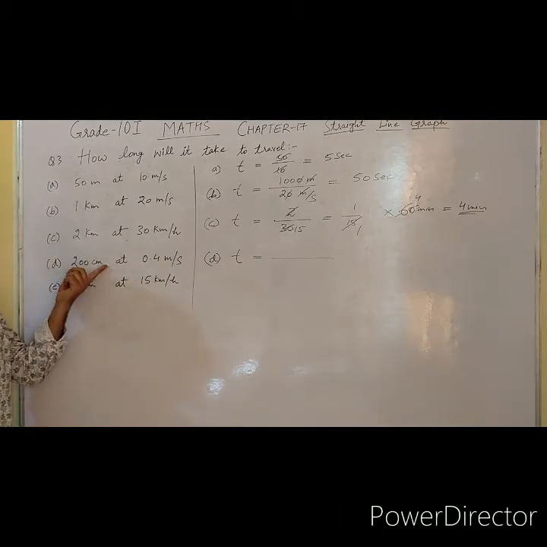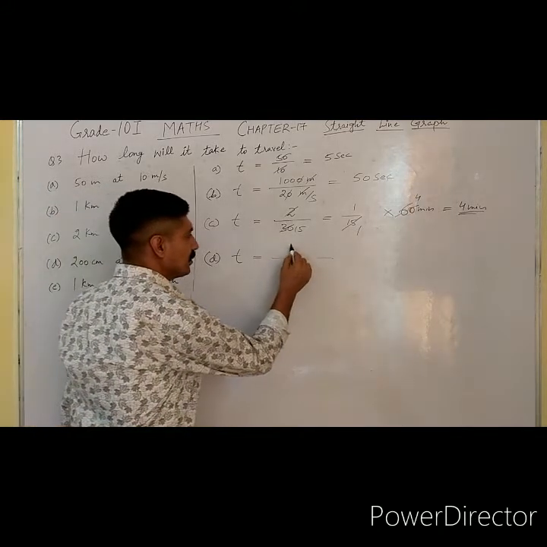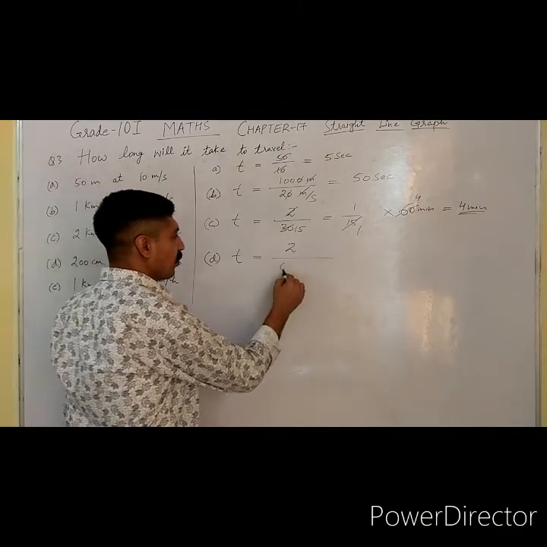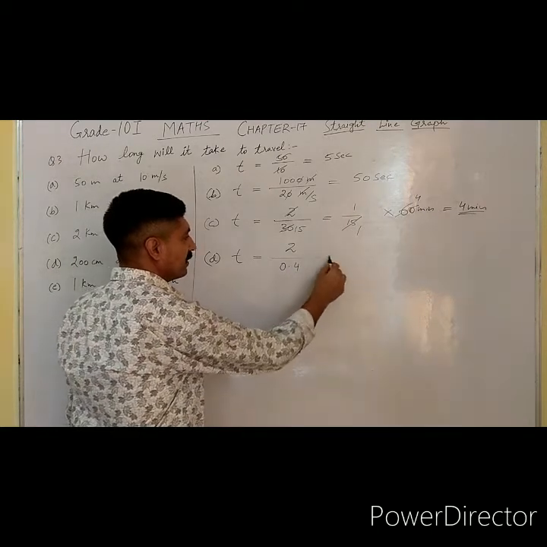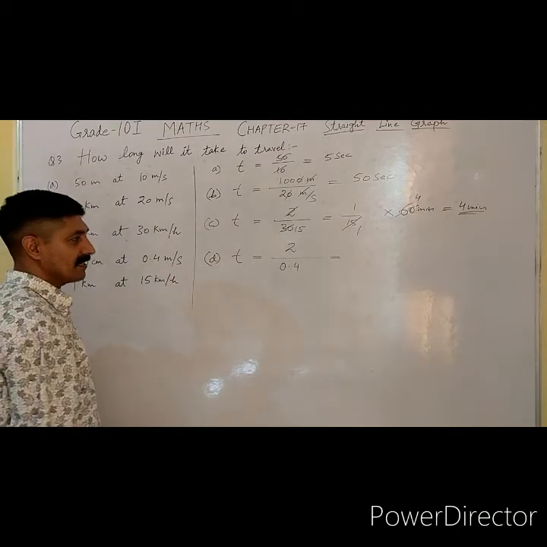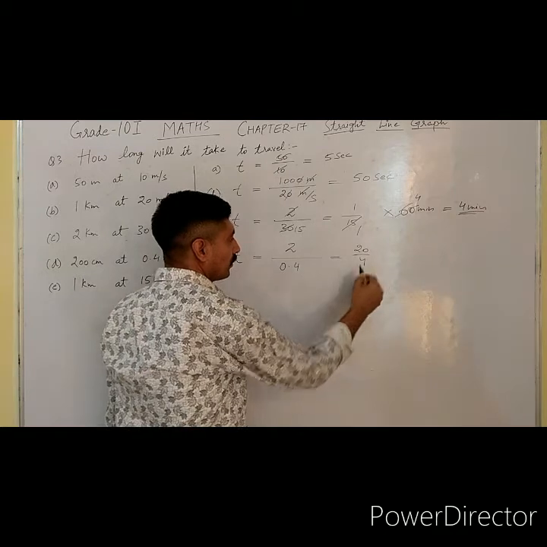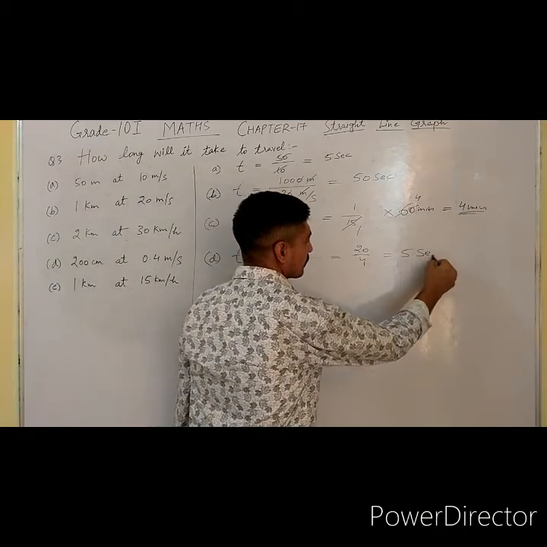We know 1 meter is equal to 100 centimeters. So in place of 200 centimeters, we can write 2 meters, and the speed here is 0.4 meter per second. So the units will be in seconds, meter and meter get cancelled. So here we can write it as 20 upon 4, which is equal to 5 seconds.